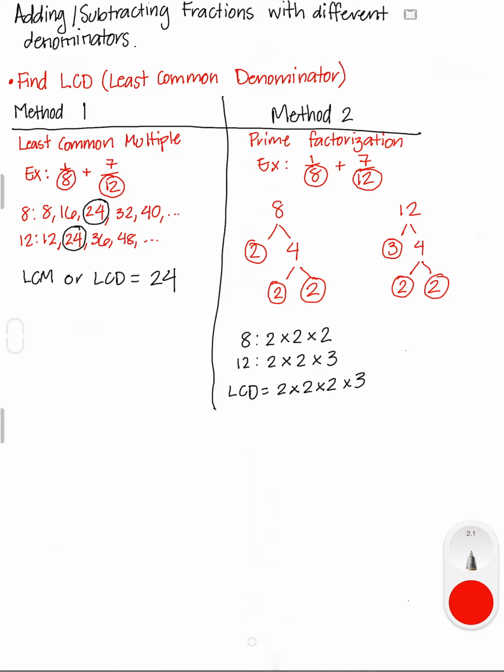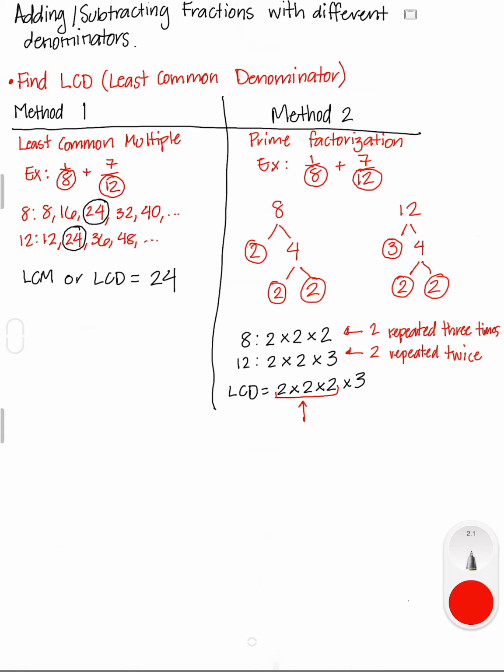Now, what is that 2 times 2 times 2 coming from? If you notice, in both prime factorizations, we have the number 2. Here, the number 2 is repeated only twice, right? However, on the first one, on 8, 2 is repeated 3 times. So you want to take the maximum number of times that a number is repeated.